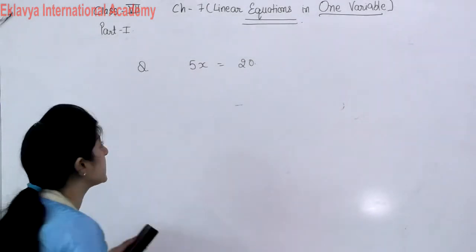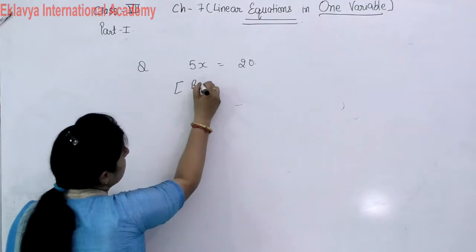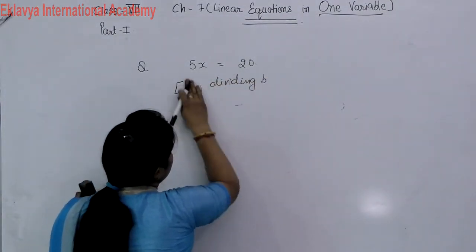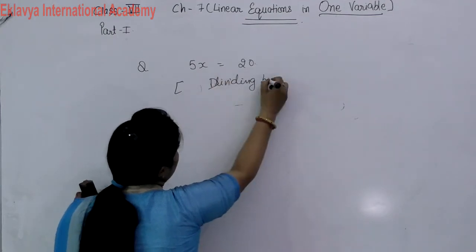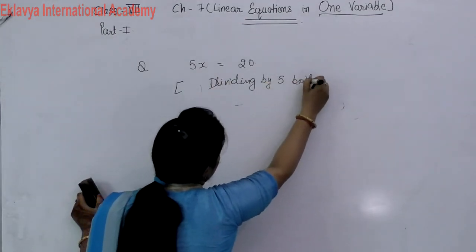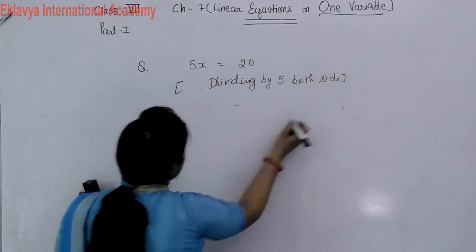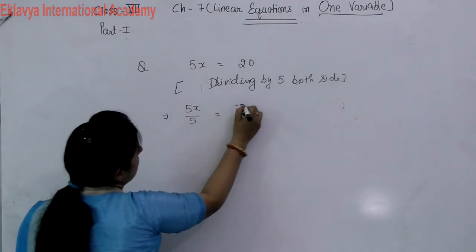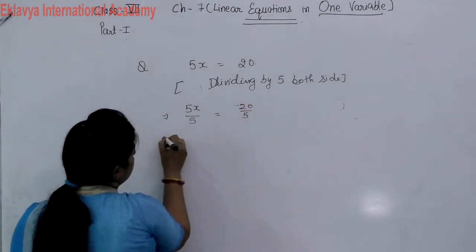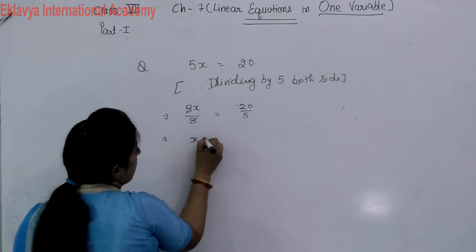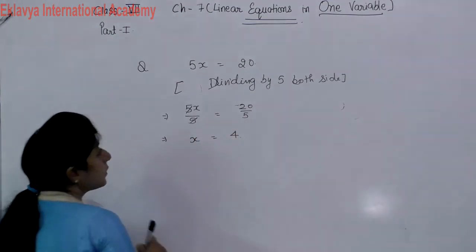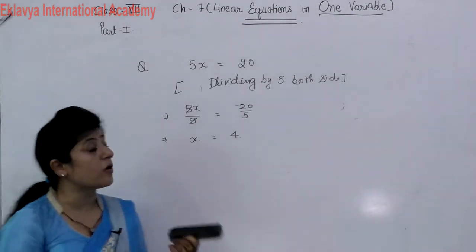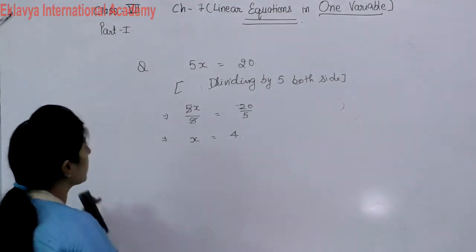We will do division, dividing by 5 on both sides. Then what will we get? 5x divided by 5, 20 divided by 5. The 5s cancel, x is equal to 20 divided by 5. It means x is equal to 4 is the root of this equation.